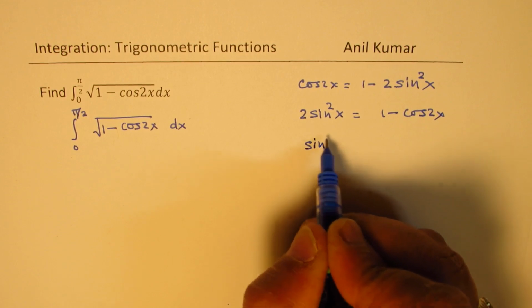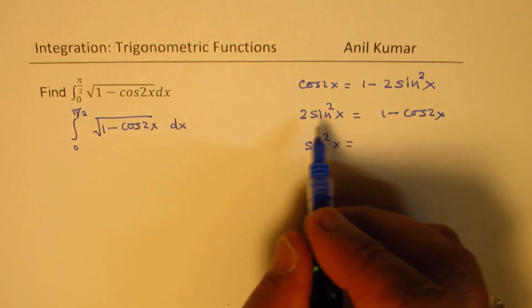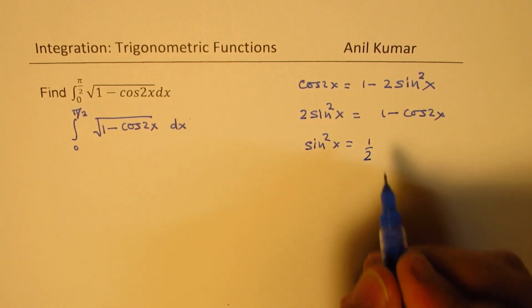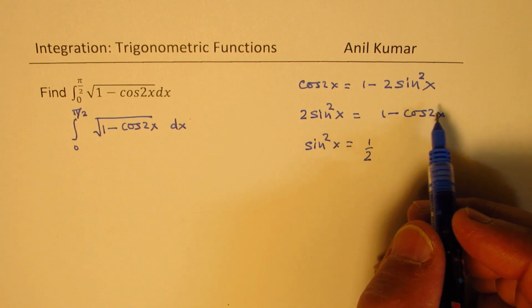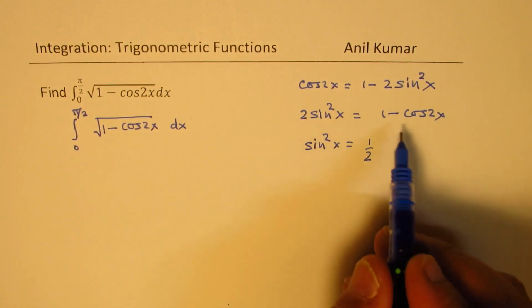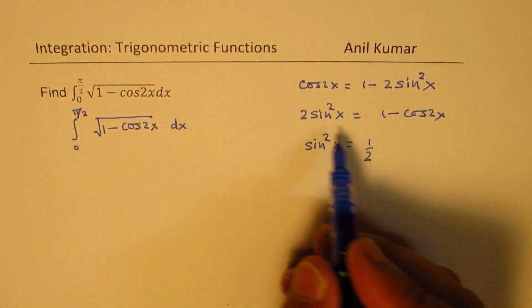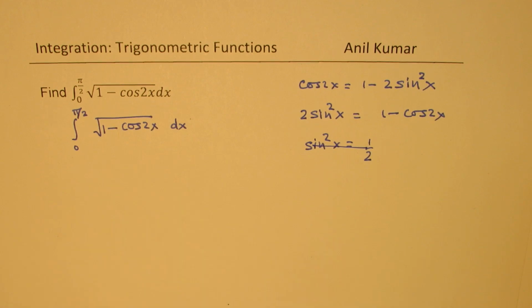So 1 minus cos 2x is 2 sine square x, right? So we'll just replace 1 minus cos 2x with 2 sine square x.